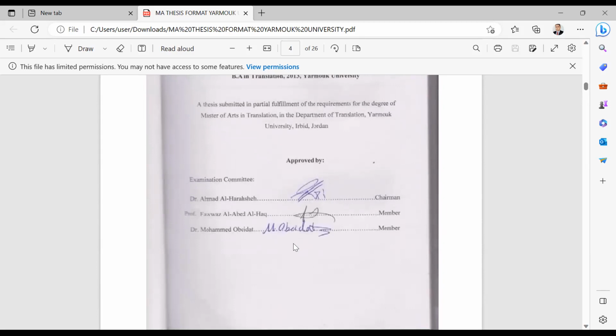And for all the examiners, after the defense of your thesis, and after you have done all the amendments that have been required from you, you have to prepare this form and ask the members to sign, after they check that you have done all the required amendments that were highlighted during the MA thesis defense.